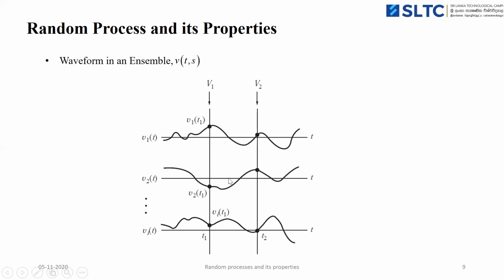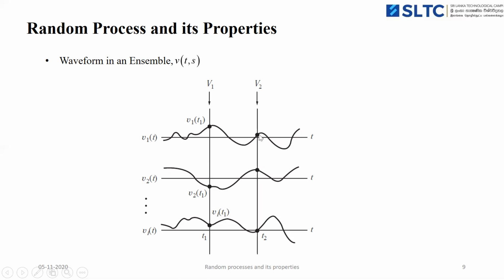In the same way, from the set of waveforms at a time instant t1, the first sample function gives V1 of t1, the second waveform gives V2 of t1, and the last waveform gives Vn of t1. The set of these values forms the random variable V1.